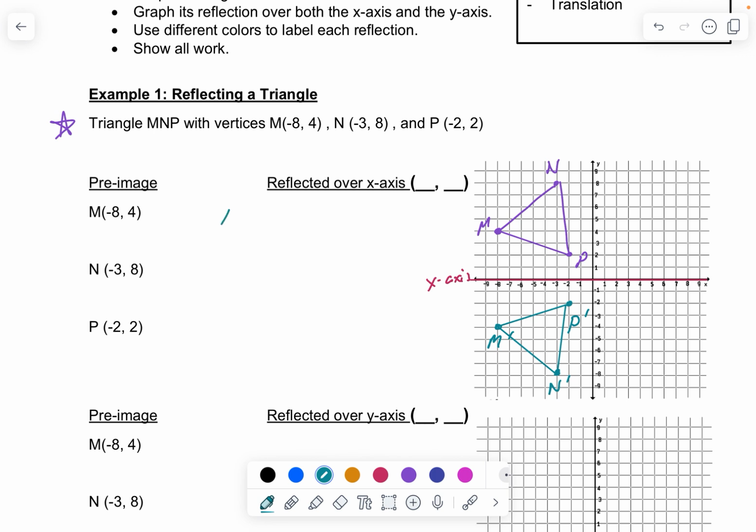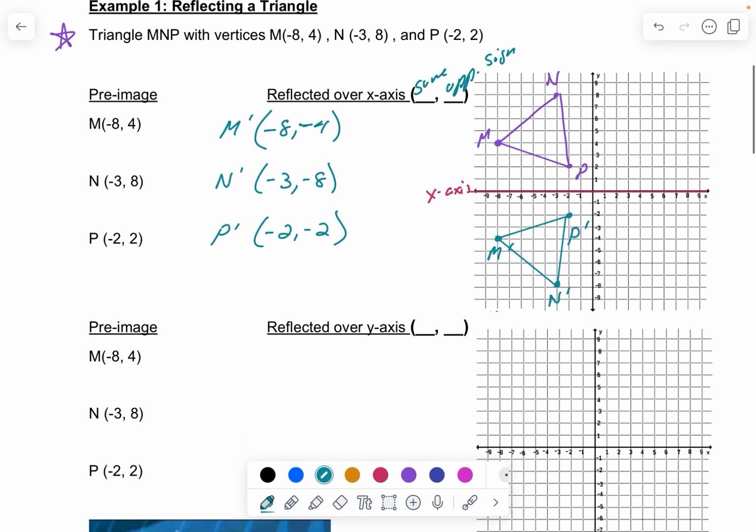Notice if we write our new reflected ordered pairs, our image ordered pairs, M is now at -8, -4, N is at -3, -8, and P is at -2, -2. So notice that the x-coordinate stayed the same, and the y-coordinate is now the opposite sign of what it started with. And I say opposite sign because it doesn't always go positive to negative. It could go negative to positive.